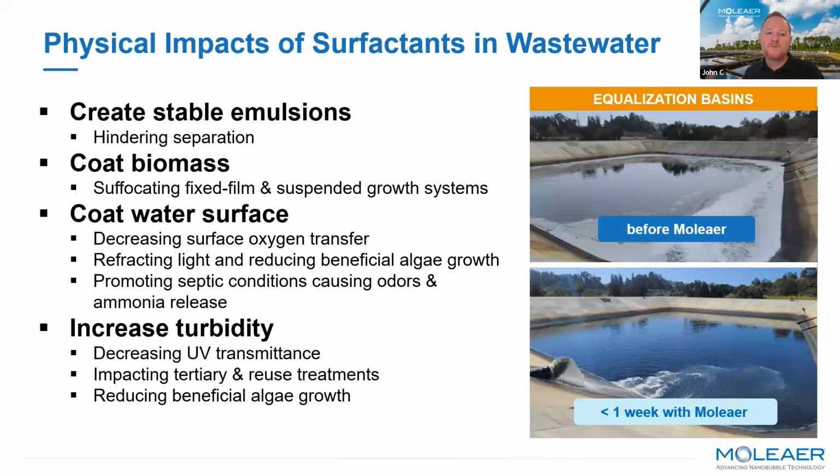The surfactants also increase turbidity, oftentimes making it through the secondary process, and they decrease UV transmittance. They impact tertiary and reuse treatments. And once again, that increase in turbidity decreases beneficial algal growth in lagoons.